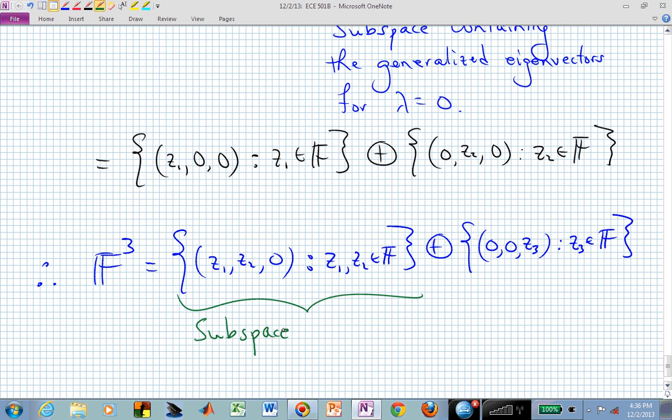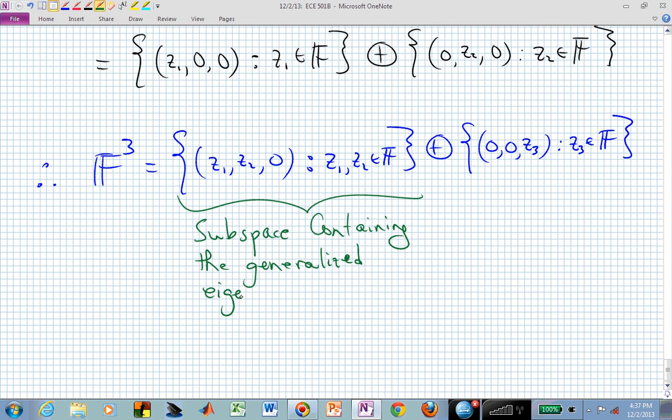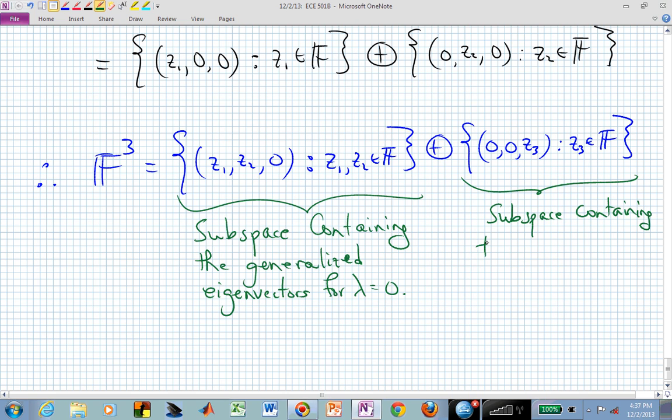Again, this first piece is just the subspace containing the generalized eigenvectors for lambda equal to 0, and this second piece is the one-dimensional subspace containing, again, we can call it the generalized eigenvector.